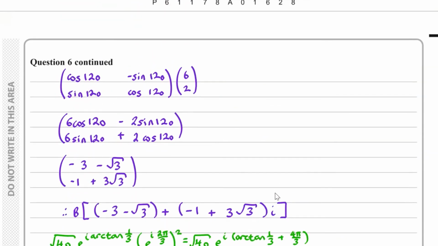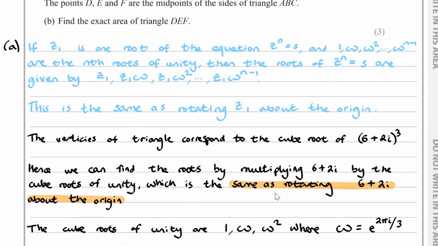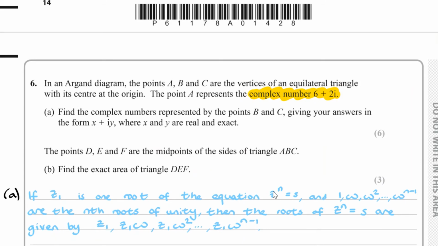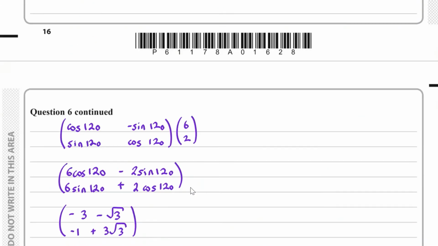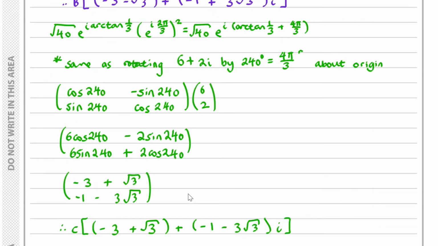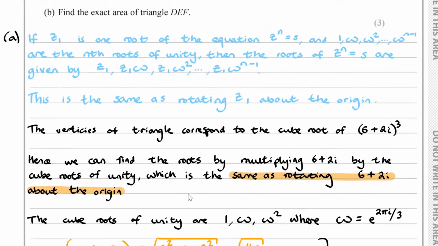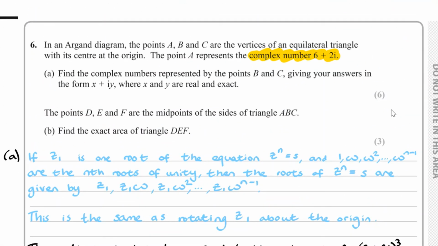So that was a fair bit of work to do for part A. Okay, so that's of the correct form in a real and exact form. It's a lot of work for 6 marks, I thought.